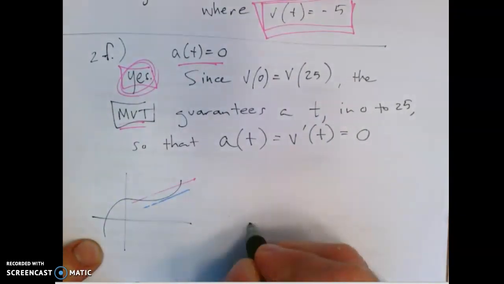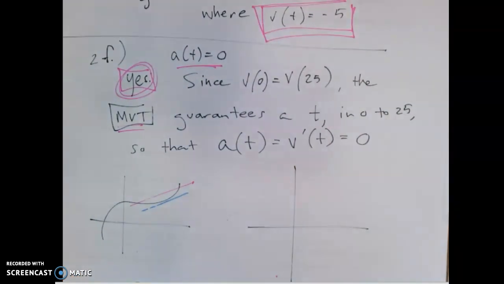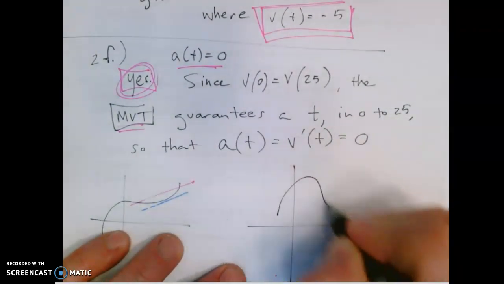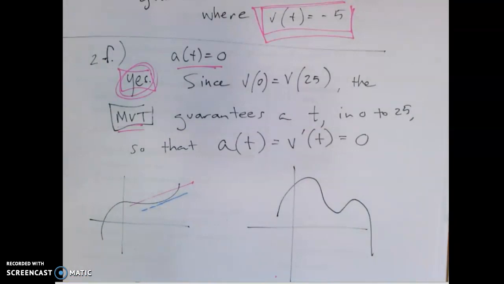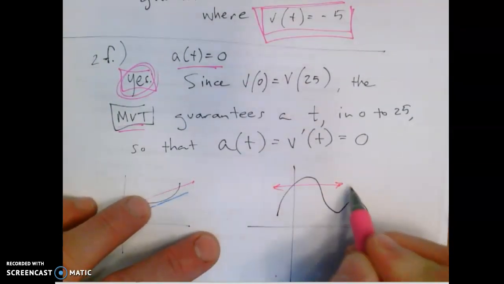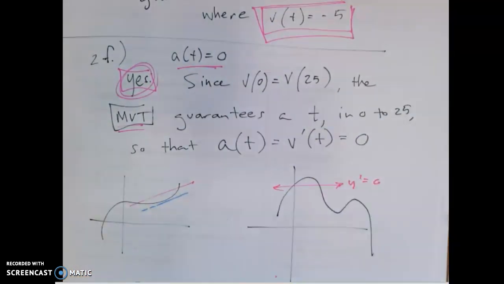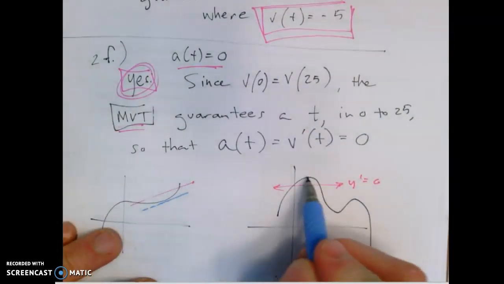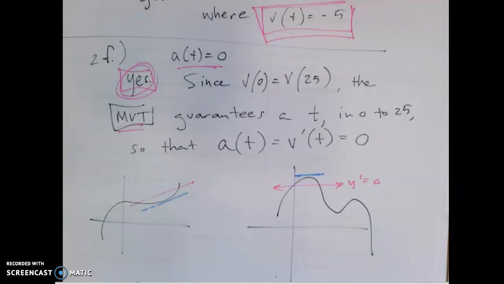Rolle's theorem is a special case of the mean value theorem where the 2 y values are the same, therefore my slope is 0, therefore I am guaranteed a max or a min or a 0 slope in between there at this point.